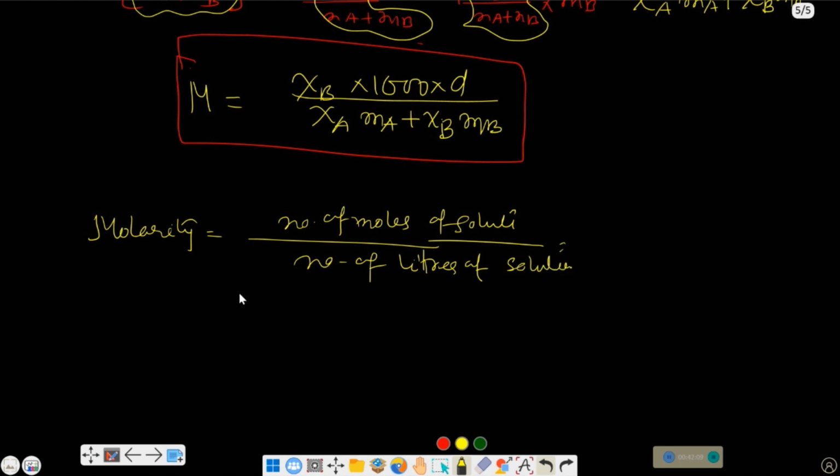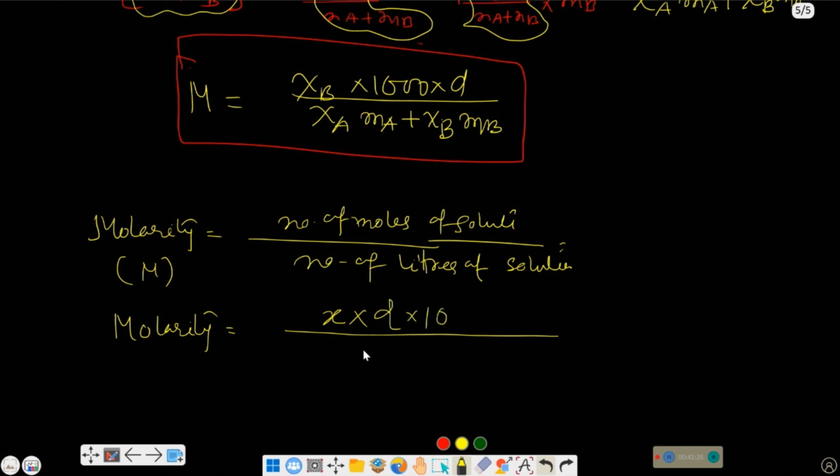Next we studied molarity, denoted by capital M, when density is given and mass percentage is given, then it is x into d into 10 divided by MB, right?